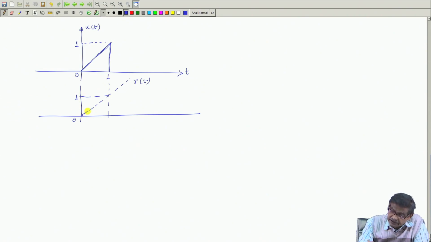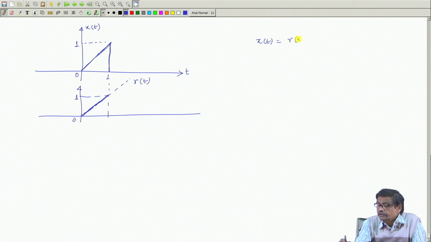So up to this point it is fine, ramp function, but after that the function drops down to 0 and maintains its 0 value for t greater than 1. For t less than 0, of course, the functional value is 0. Now, if you simply write x t is this one, that will be wrong, because x t equal to r t is not the case, because for t greater than 1 I have to make the value of the function 0.